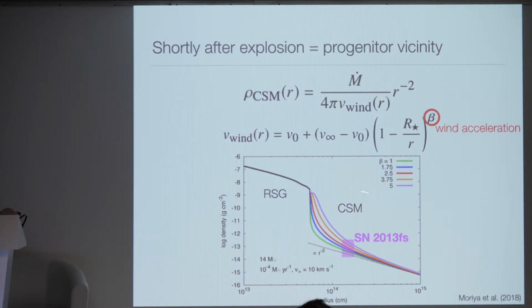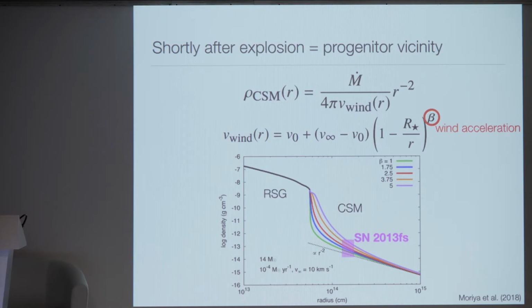But if beta is 5, for example, which corresponds to this violet line, the wind acceleration will be slow. So it takes time for this wind to reach the final velocity.